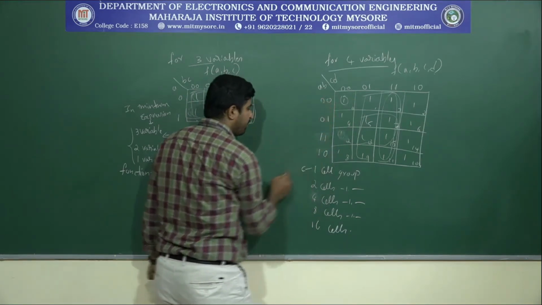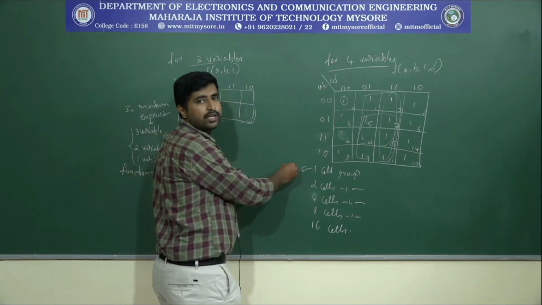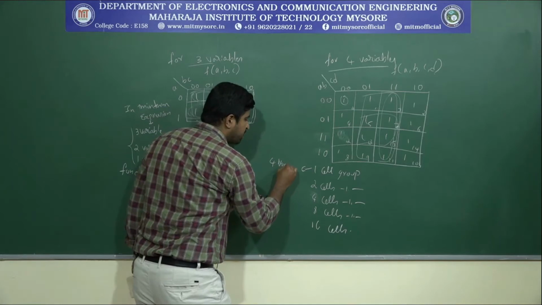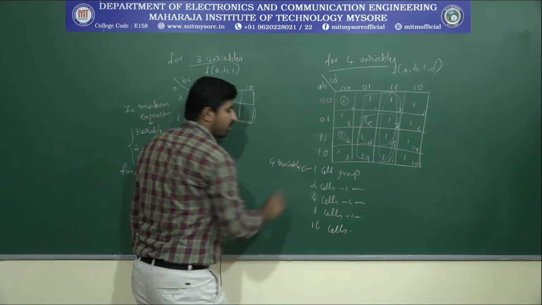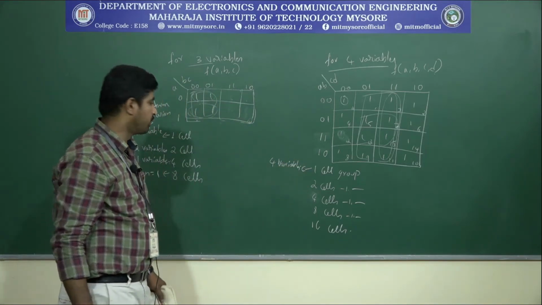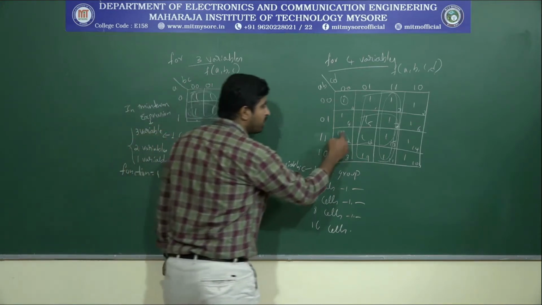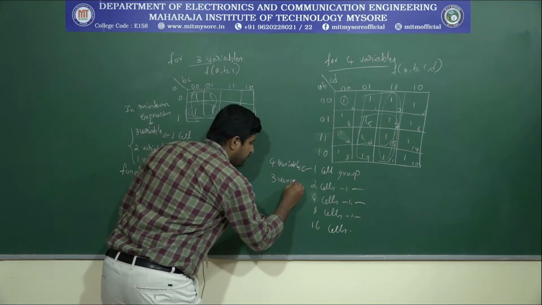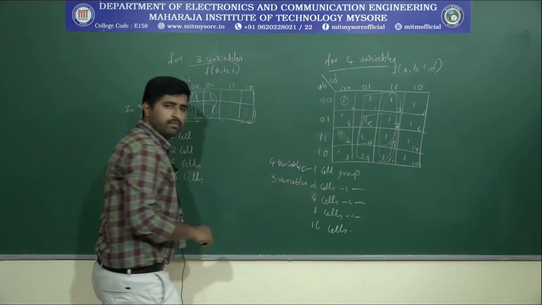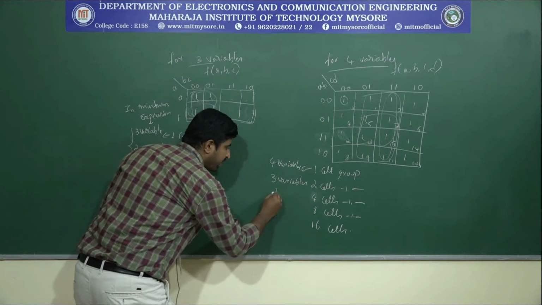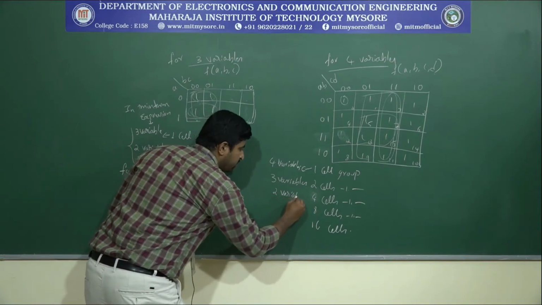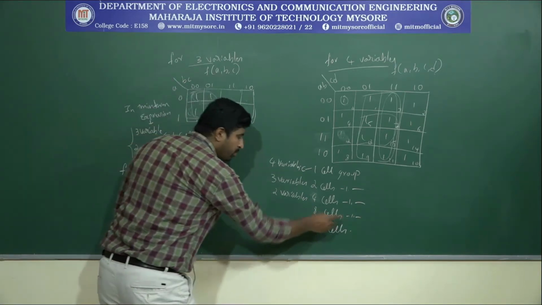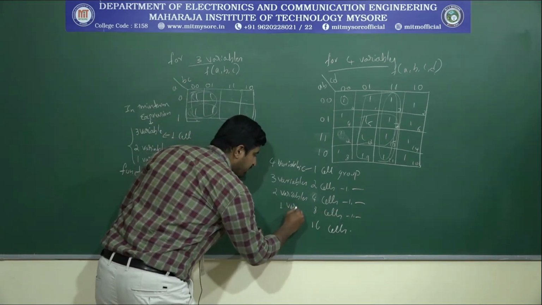That means A bar, B bar, C bar, D bar, so we get 4 literals. If you group 2 cells, we will get 3 variables. If you make a 4 cells group, we will get 2 variables. If you make an 8 cells group, we will get 1 variable.